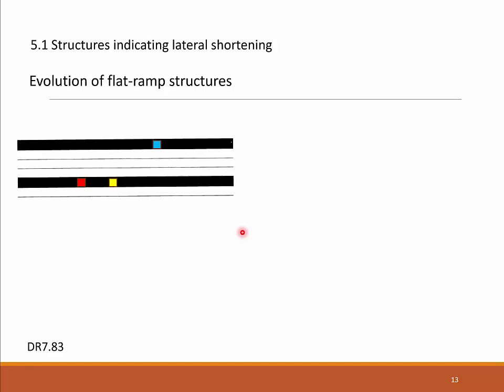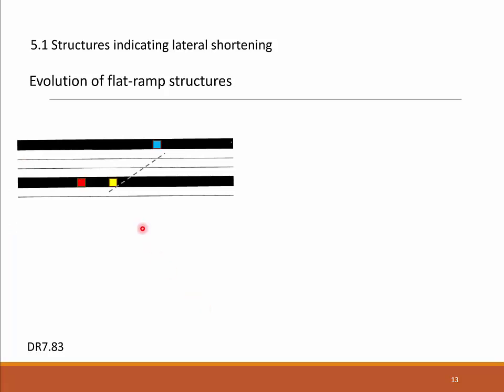If we start laterally shortening such a sequence of layers, we might eventually form a brittle fold, a ramp structure at about 30 degrees with sigma 1, and we assume in horizontal shortening that also sigma 1 is oriented horizontally, sigma 3 would be vertical.